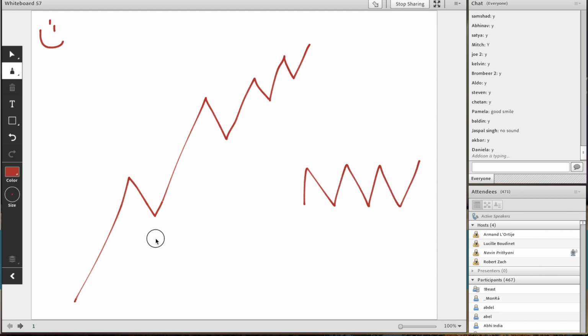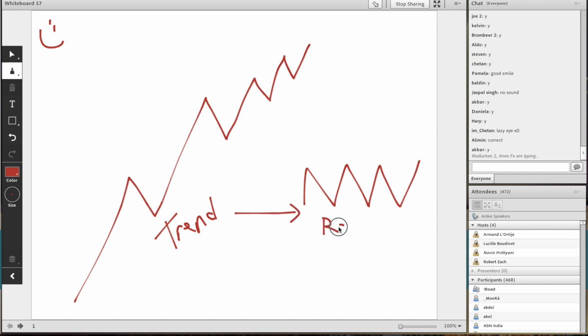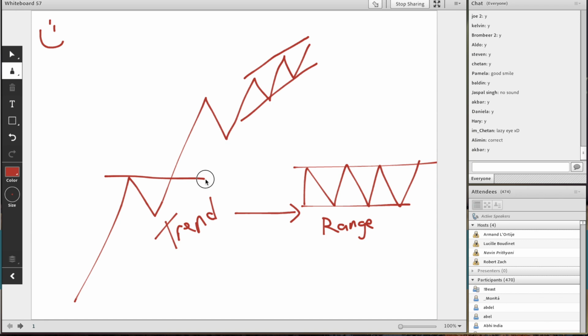We have the trend, and then we have the range. The reason I'm showing you the range first is because the channel is exactly a range, just sideways. Only difference is, in a trend you have this as support equals resistance, so you can buy it again.